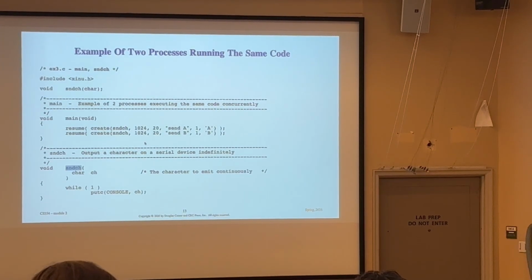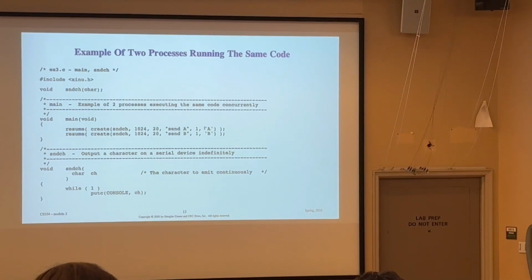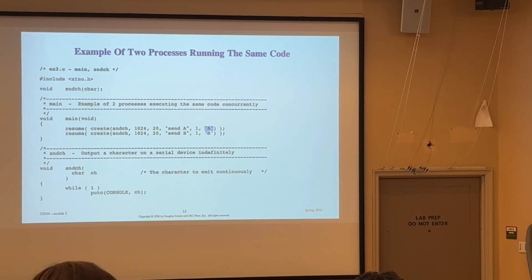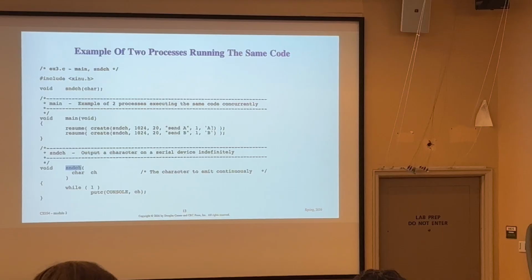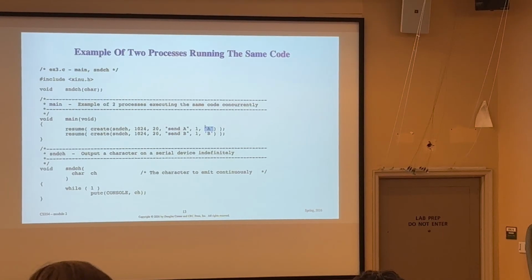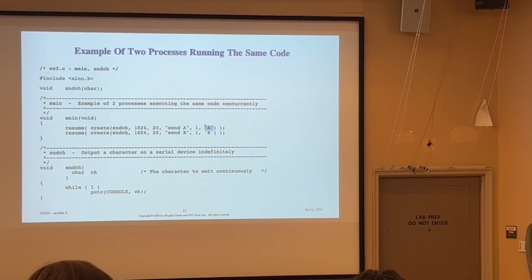This char is the parameter you're going to use when the process starts executing this function. And then in the process creation procedure, these are the arguments that they push onto the stack.